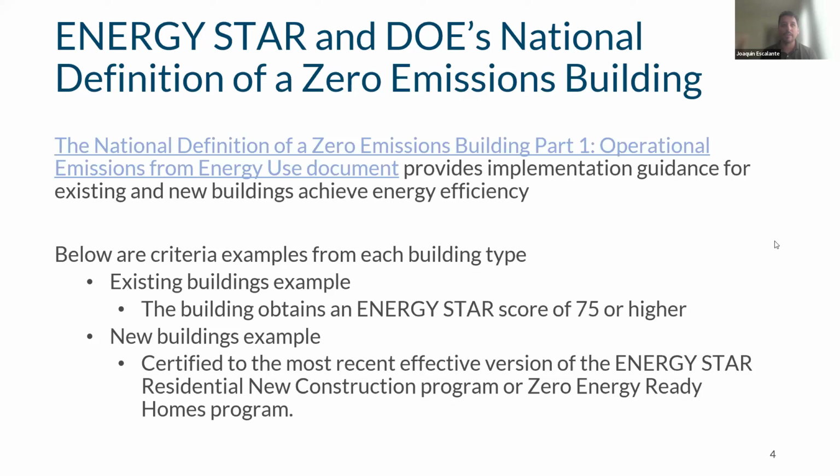And then for new buildings, one of the examples is that they're to be certified to the most recent effective version of the Energy Star residential new construction program, or Zero Energy Ready Homes program. There are multiple other criteria for each of these types. These are just one example of them, and you can learn more about what they are following the link on this slide specifically.